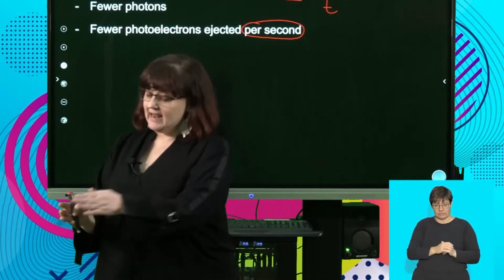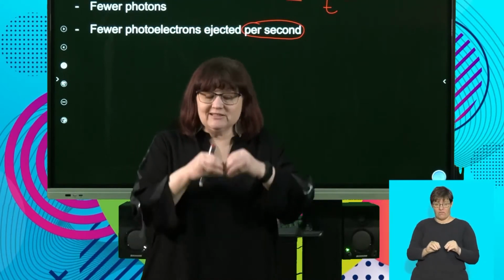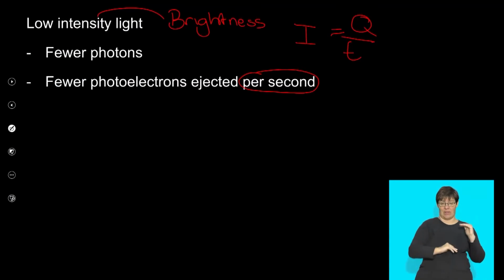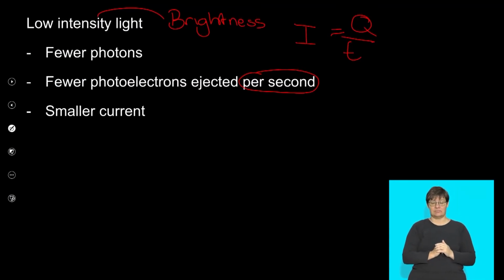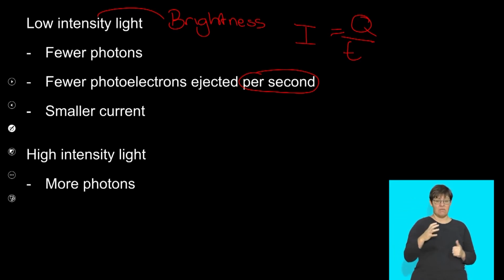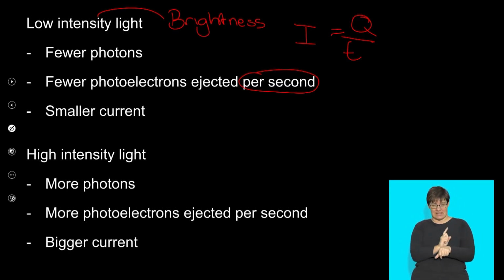So if we have less charge moving per unit time, current's going to get smaller. If we have a high intensity light, that means it's much brighter. We're going to have more photons, which means more photoelectrons ejected per second, so a bigger current. These are good ways to explain these questions when we get there.